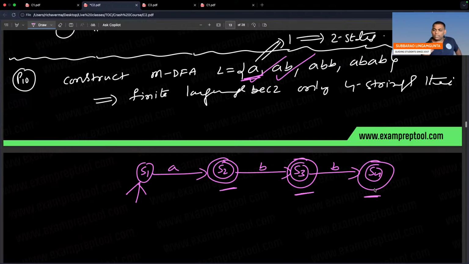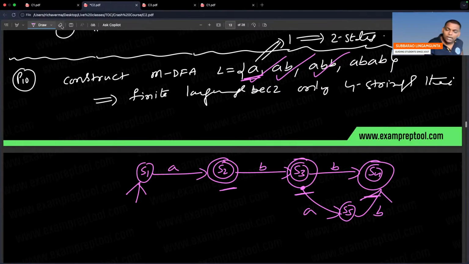Okay, fine. Next. Some people are asking, then what about ABAB, sir? Remember, AB over means you are at here. After AB, see this one, one more A is required, then again B, reaching S5. See, AB, AB.